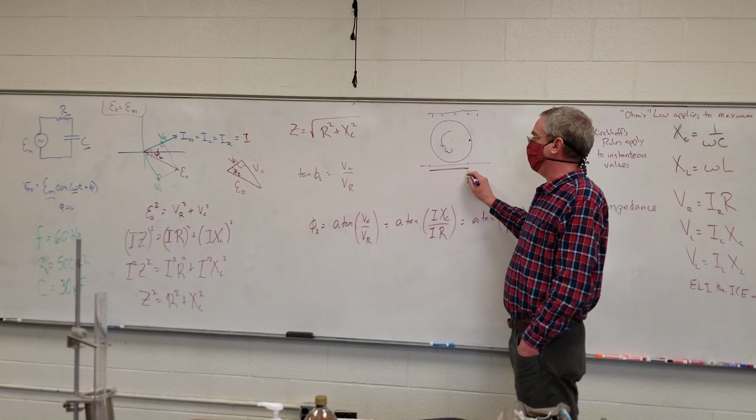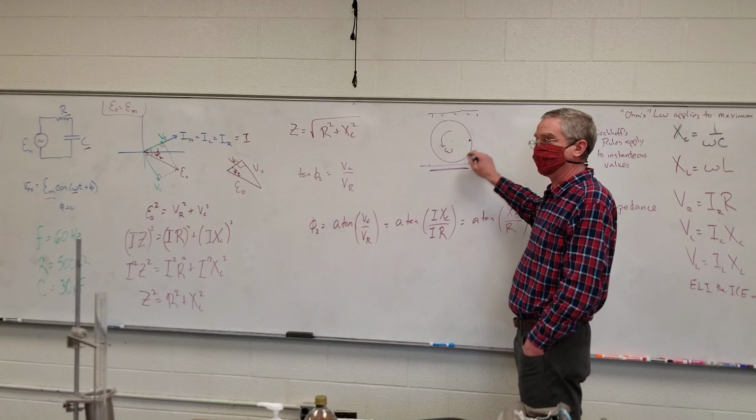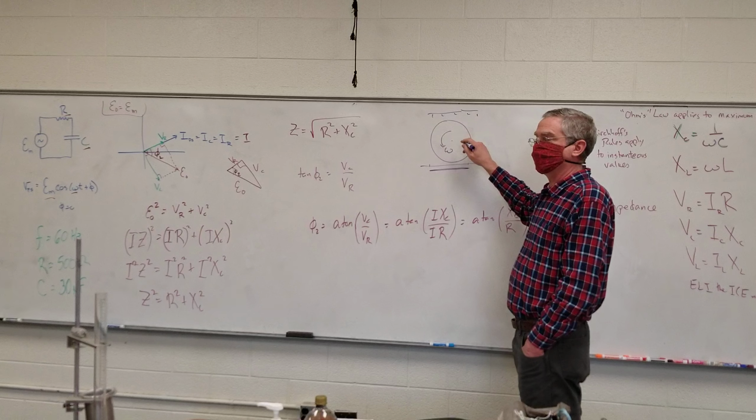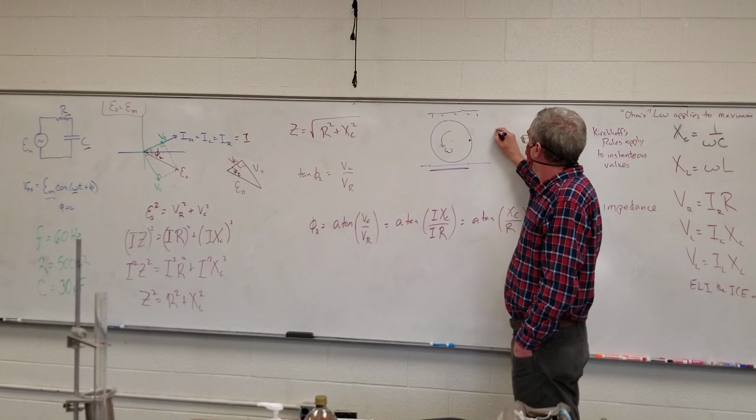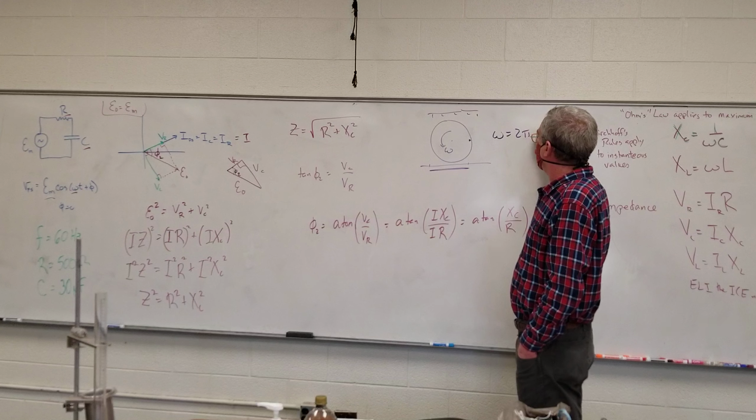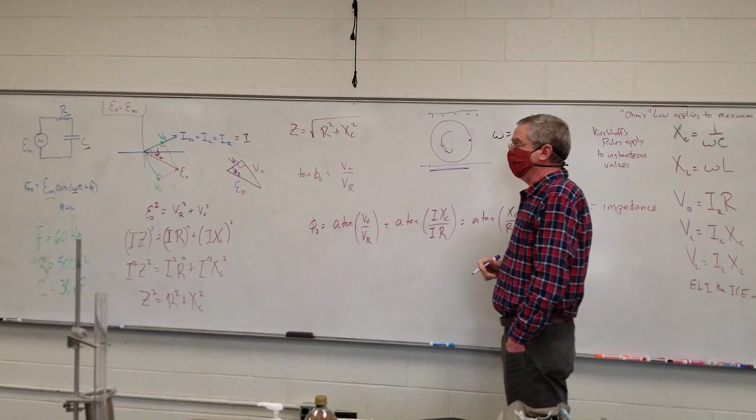So if it goes back and forth 5 times a second, this thing goes around 5 times a second. So the angle it would go through would be 2 pi times that. In other words, omega is 2 pi times the frequency. That's a good equation to know.